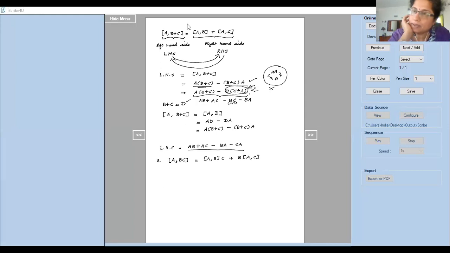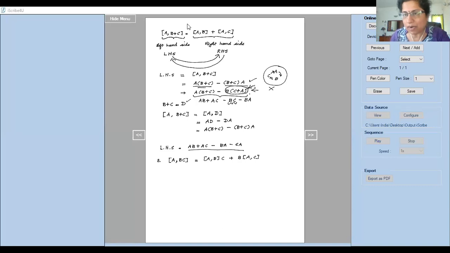Okay, and to the people who did this wrong, I kept saying order of operators is very, very crucial. It's something you cannot change. And I will tell you exactly what I meant by that.